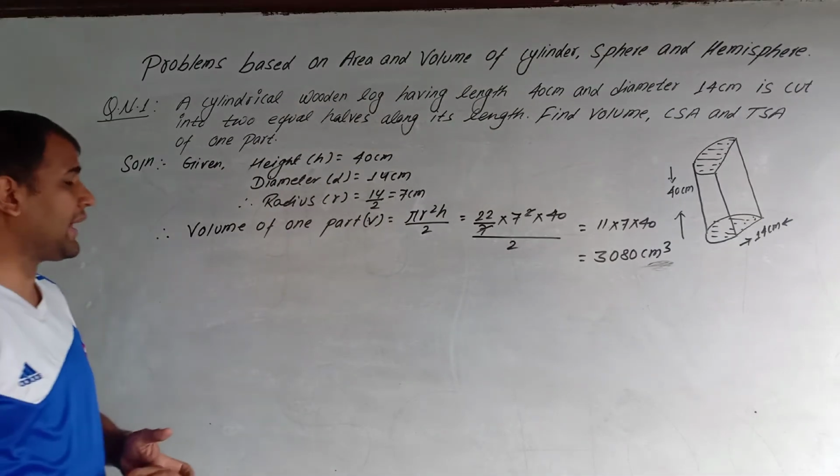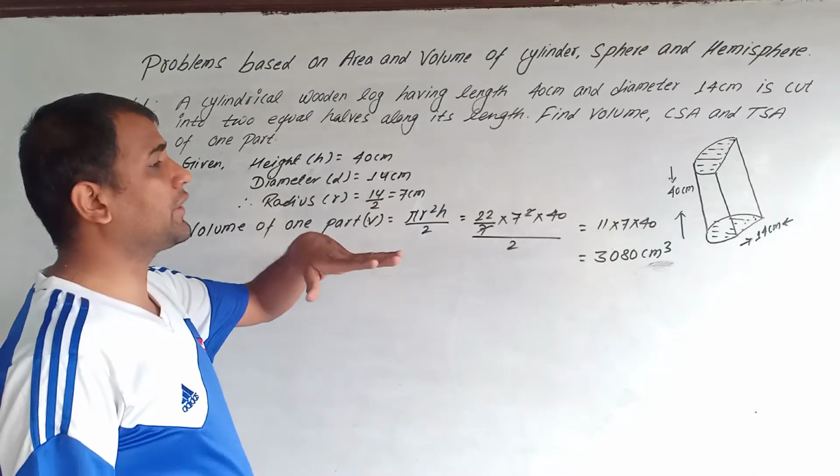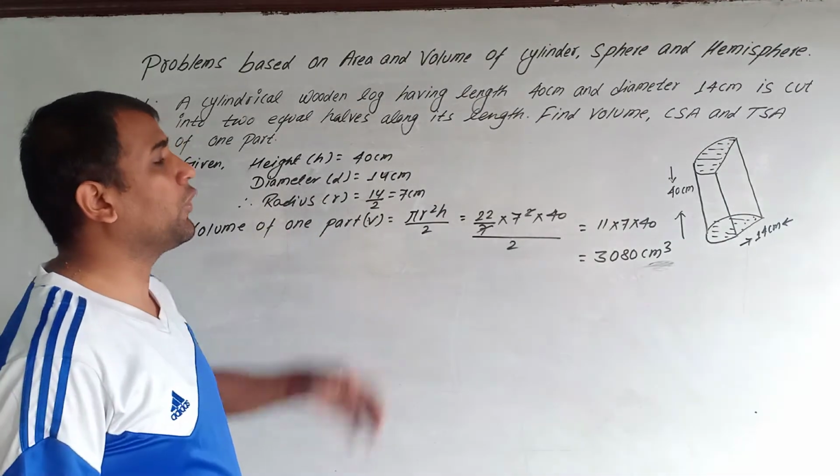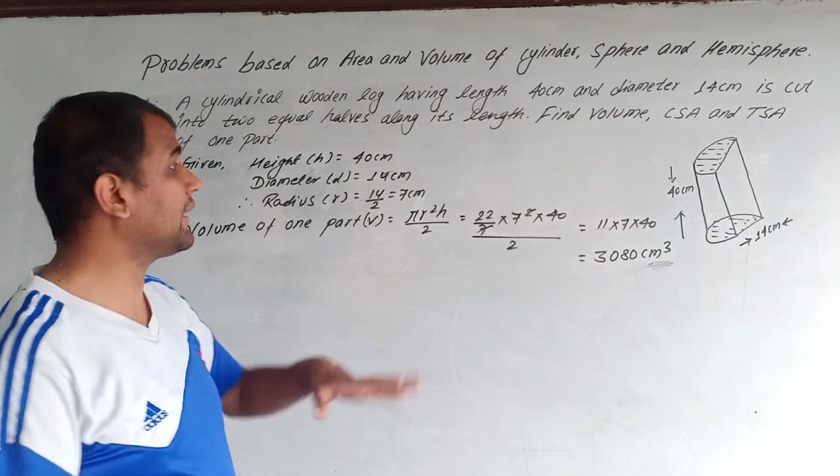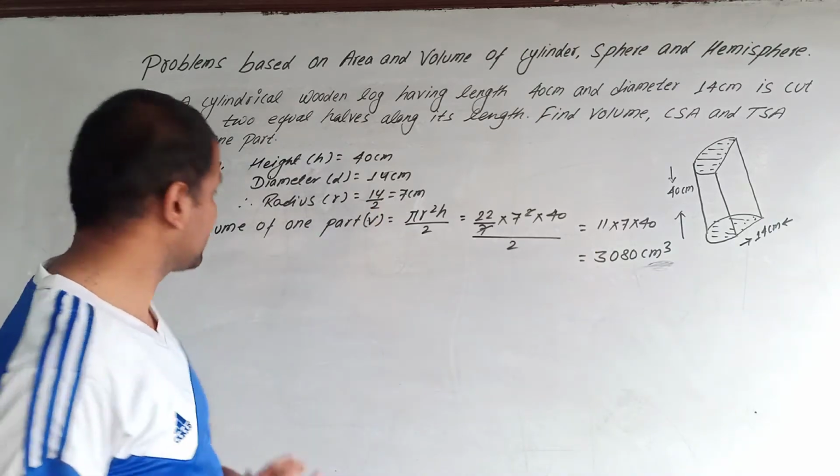So remember that when the log is cut horizontally or vertically, volume of one part, means half part, is half of the volume of the cylinder.